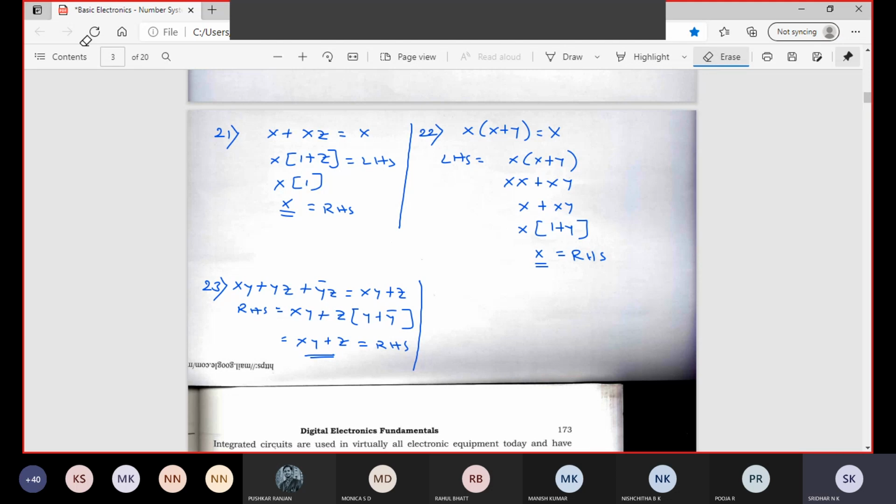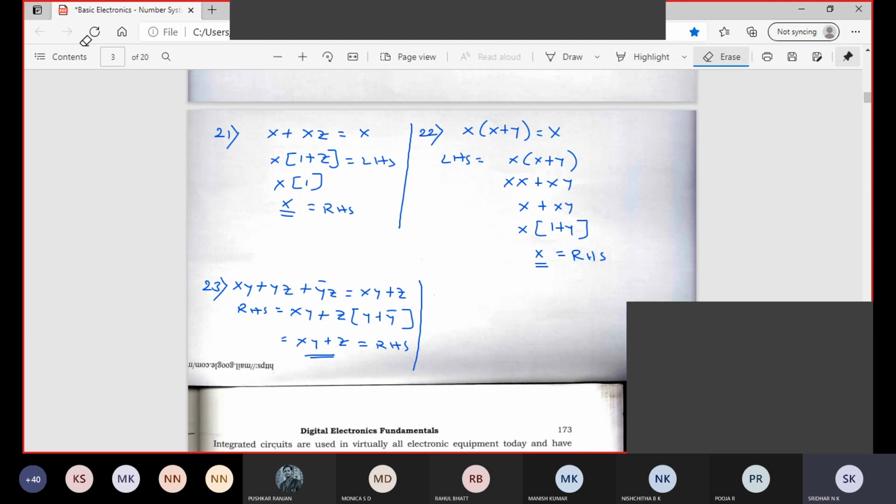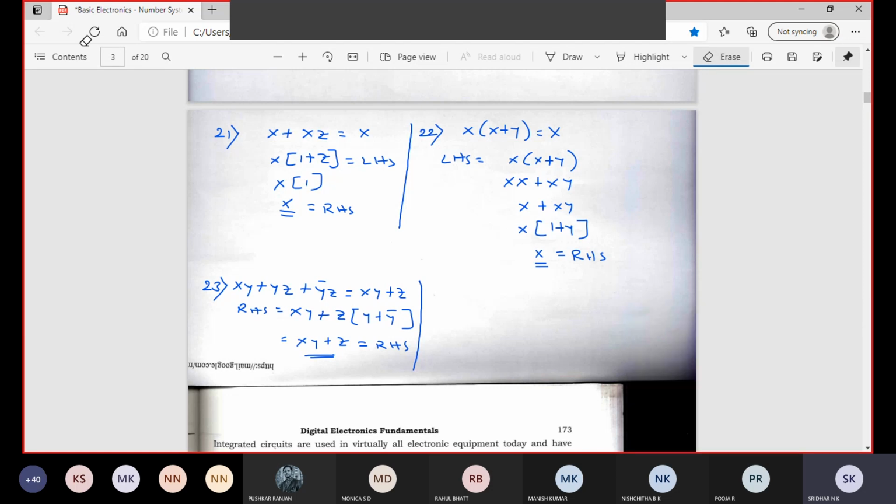Next is, so this completes the laws of Boolean algebra, and now we'll move on to theorems. A few theorems which are very important.